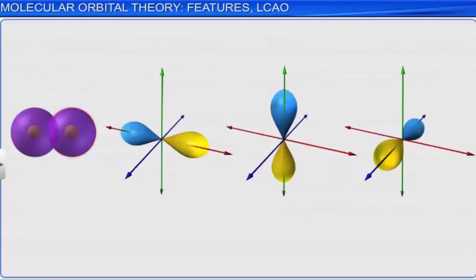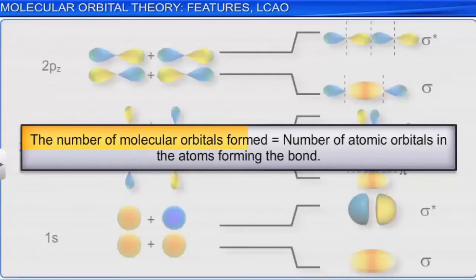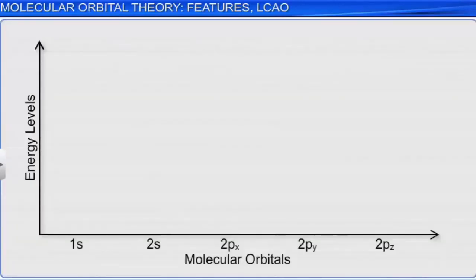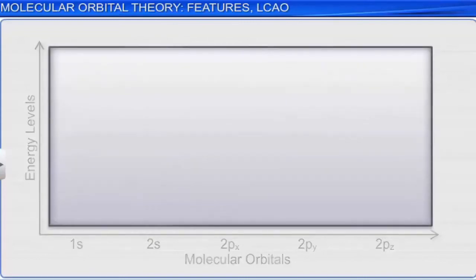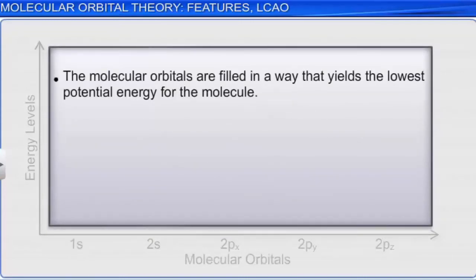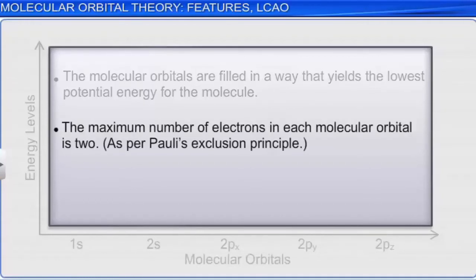The number of molecular orbitals formed is equal to the number of atomic orbitals in the atoms forming the bond. Electron distribution in molecular orbitals takes place as per the Aufbau principle and obeys Pauli's exclusion principle and Hund's rule.